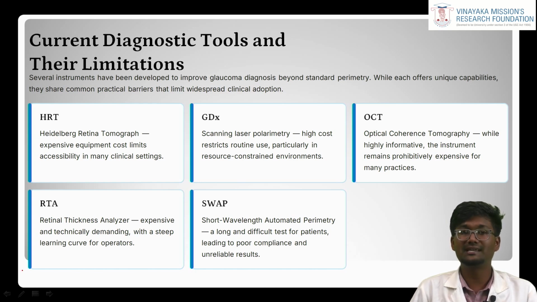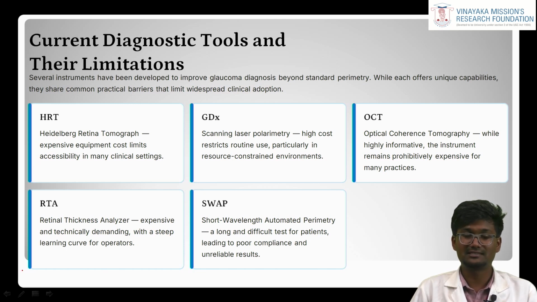If an OCT instrument is available in every vision screening center, only then can we prevent much of the blindness caused by glaucoma. Some OCTs in the market are also not portable. The next one is RTA, the retinal thickness analyzer. It is also expensive and we need a specialized technician. There is a greater learning curve to handle this RTA.